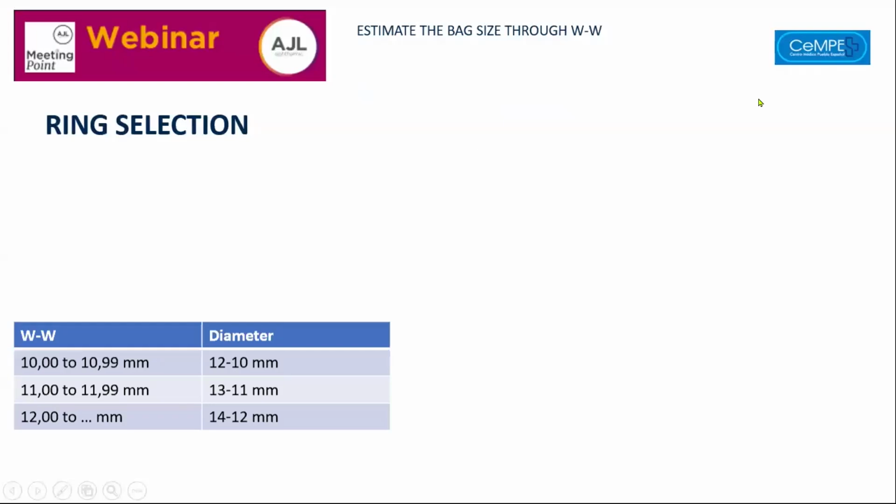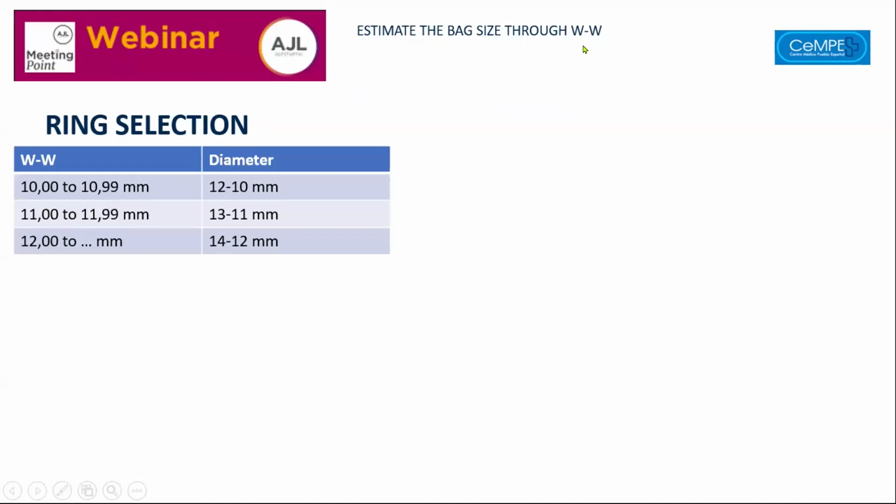Okay, let's select the ring. We first estimate the bag size through the white to white. For a white to white between 10 and almost 11 millimeters, I would choose a 12 diameter ring. Pay attention to this: the open ring diameter is 12 and the closed ring diameter is 10.